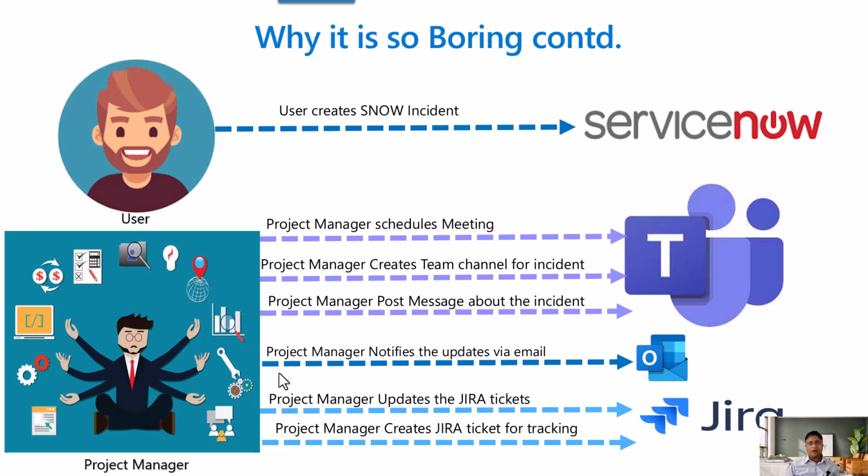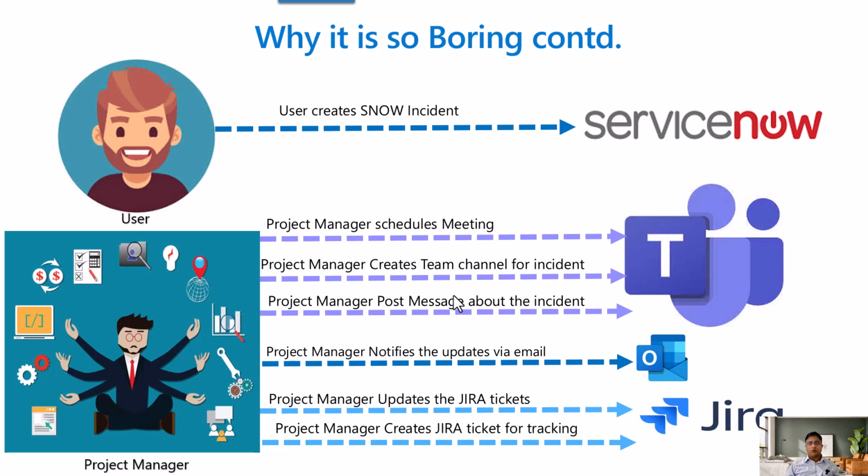Then there is another part of the problem, right? Because it is not just sending an email or Teams messages, it is more than that. He needs to also create Jira tickets, because Jira is a tool where all your agile activities are tracked.